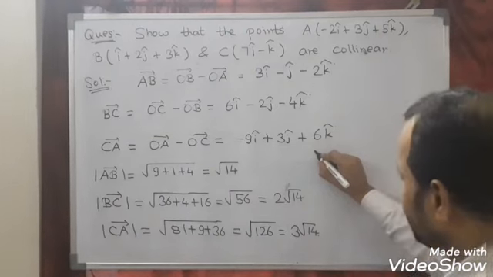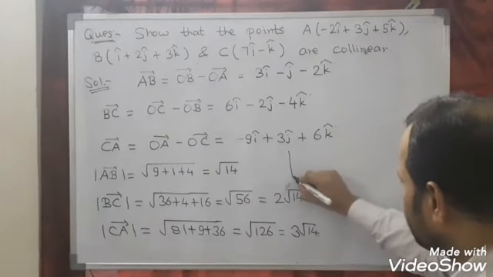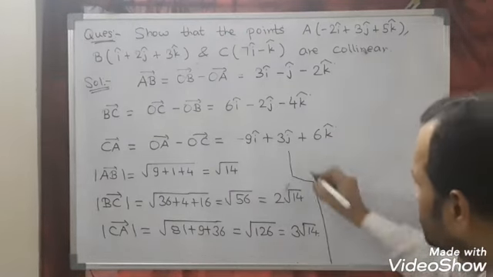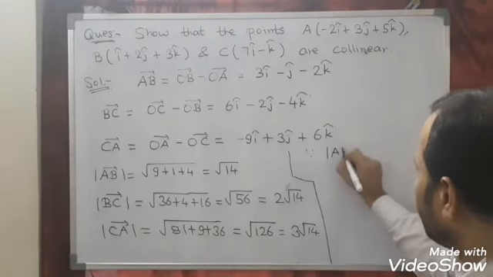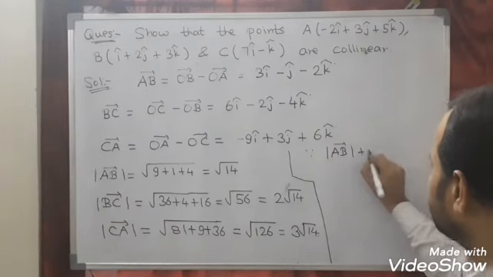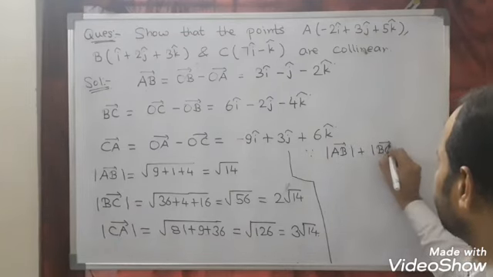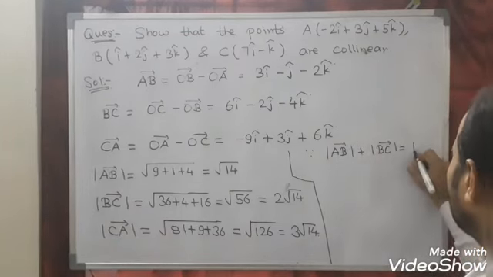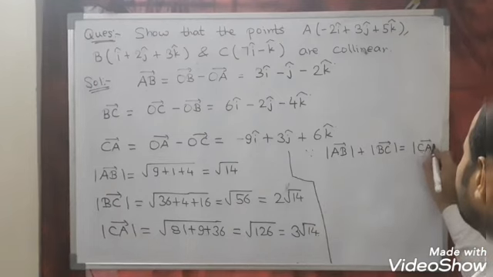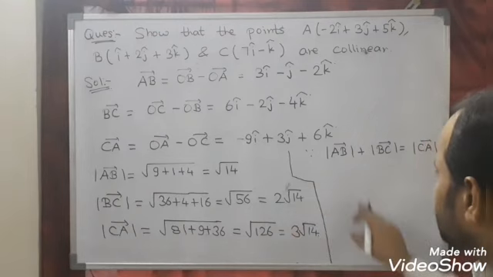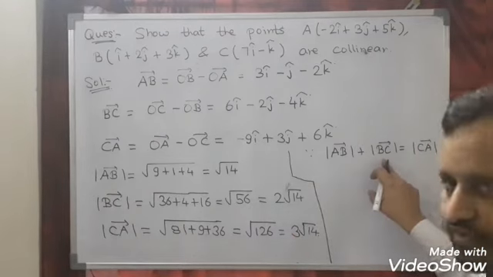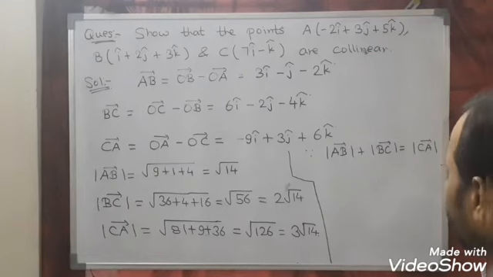So can I say, see here, since magnitude of AB vector plus magnitude of BC vector is equal to magnitude of CA vector. Root 14 plus 2 root 14 is 3 root 14. So magnitude of AB plus magnitude of BC is equal to magnitude of CA.